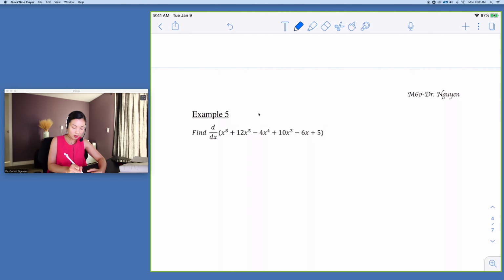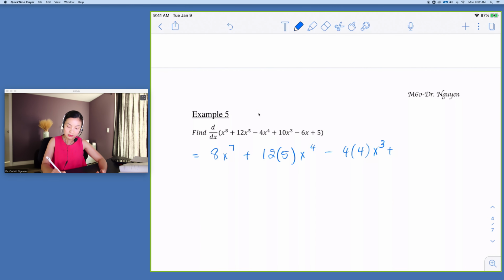So what I have right here is the derivative is going to be 8x to the 7th power plus 12 times 5x to the fourth power minus 4 times 4x cubed plus 10 times 3x squared minus 6. Because derivative of x is just 1, so I'm multiplying the -6. And derivative of constant is just 0.